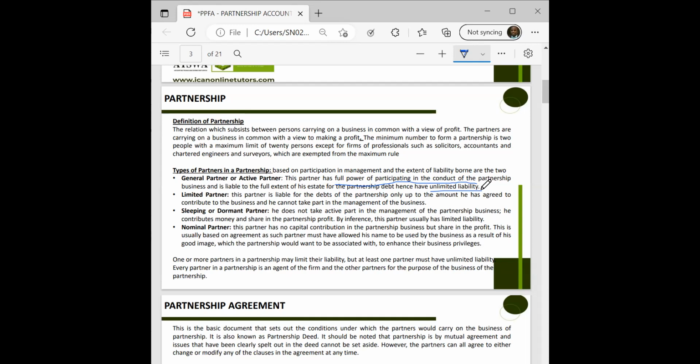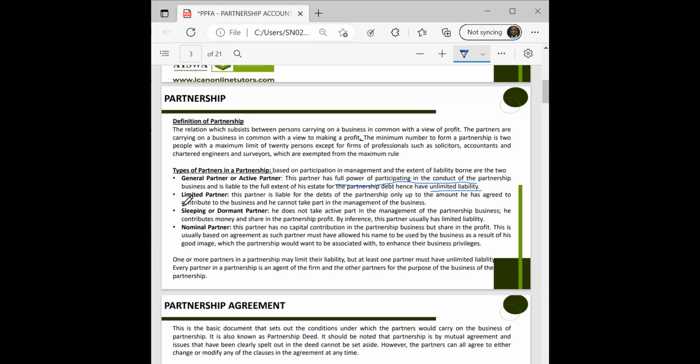Now let's look at the second one, limited partner. A limited partner is liable for the debts of the partnership only to the amount he or she has agreed to contribute to the business. So this first one has unlimited liability, and this second one has a limited liability.